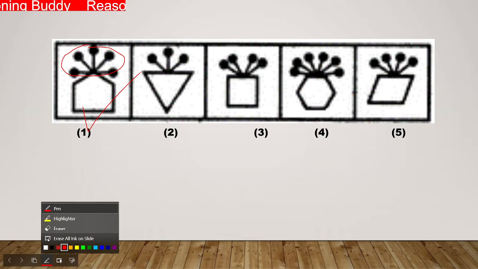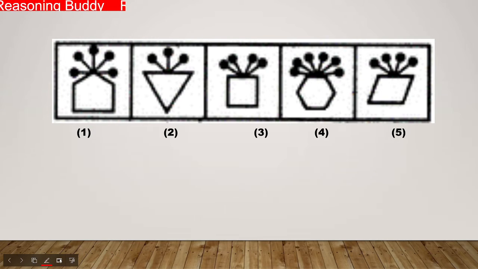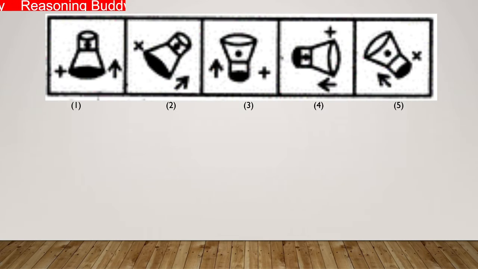All lollipops in this figure touch the side of the triangle. Here also all lollipops touch the side of the square. All lollipops touch the side of the hexagon, and here for the parallelogram. But in this pentagon, the lollipops touch the vertex of the pentagon. So this is the odd man out. Next question.